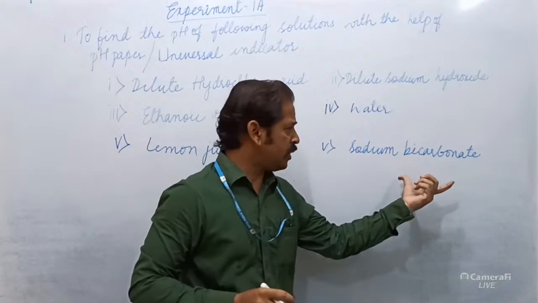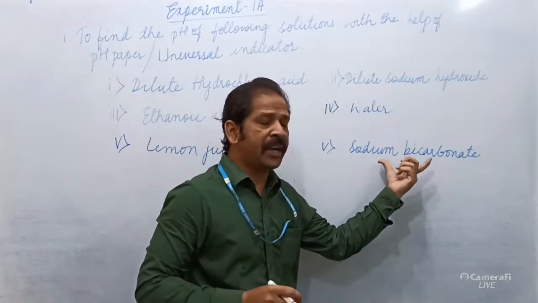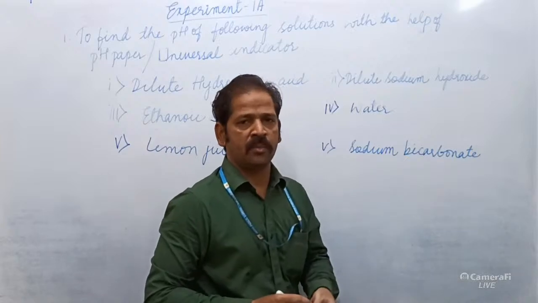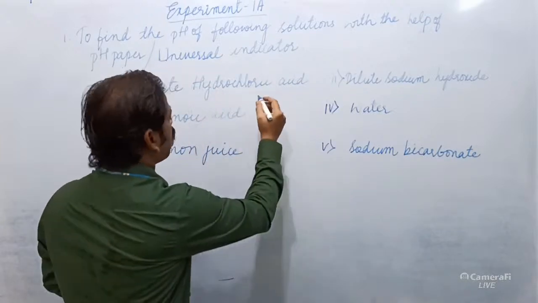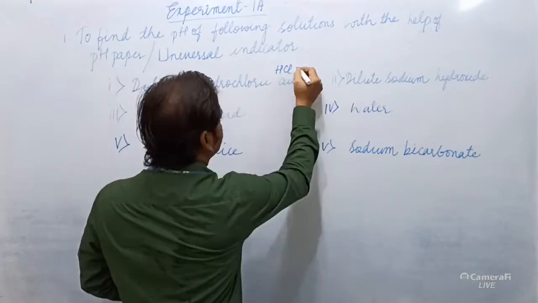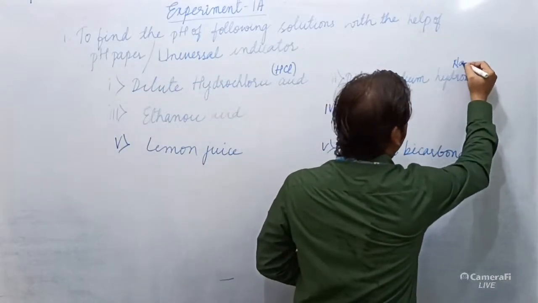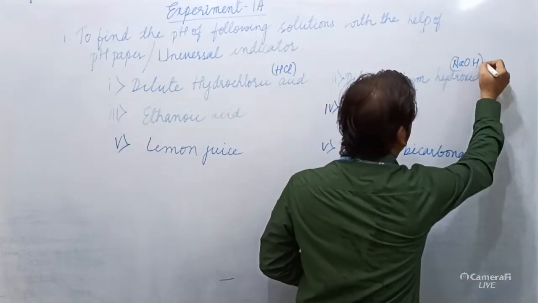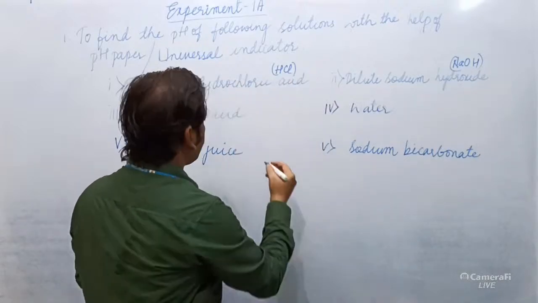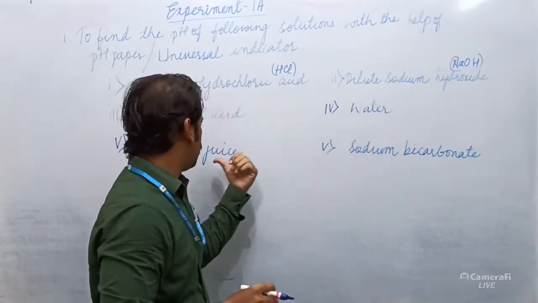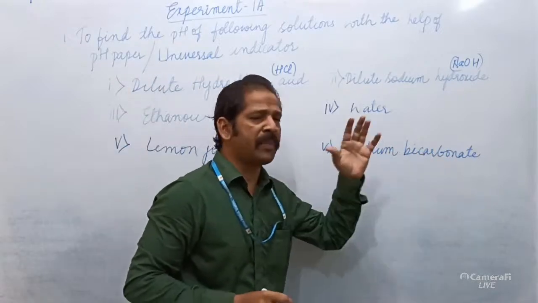Sodium bicarbonate, or sodium hydrogen carbonate, both are the same. HCl, sodium hydroxide, NaOH, ethanoic acid, it is also called acetic acid, water, lemon juice and sodium bicarbonate.